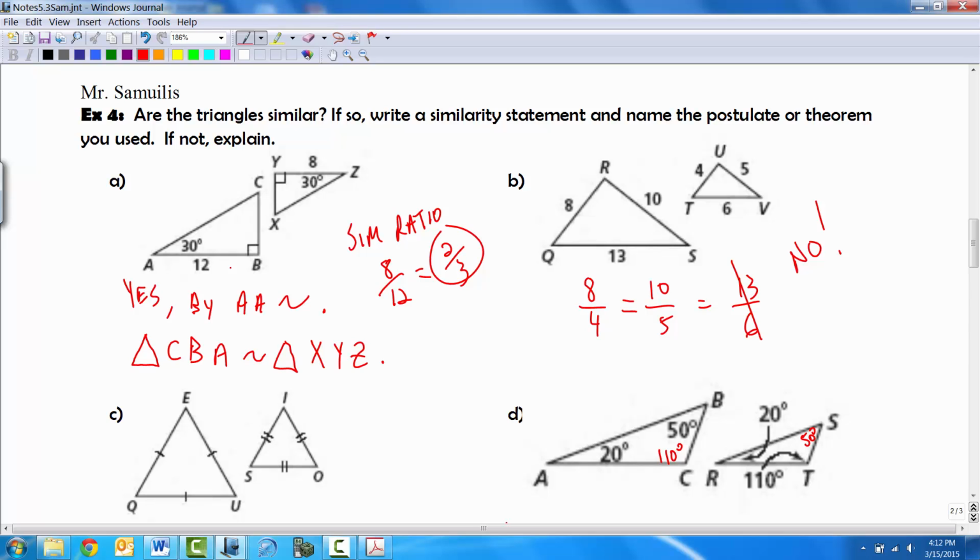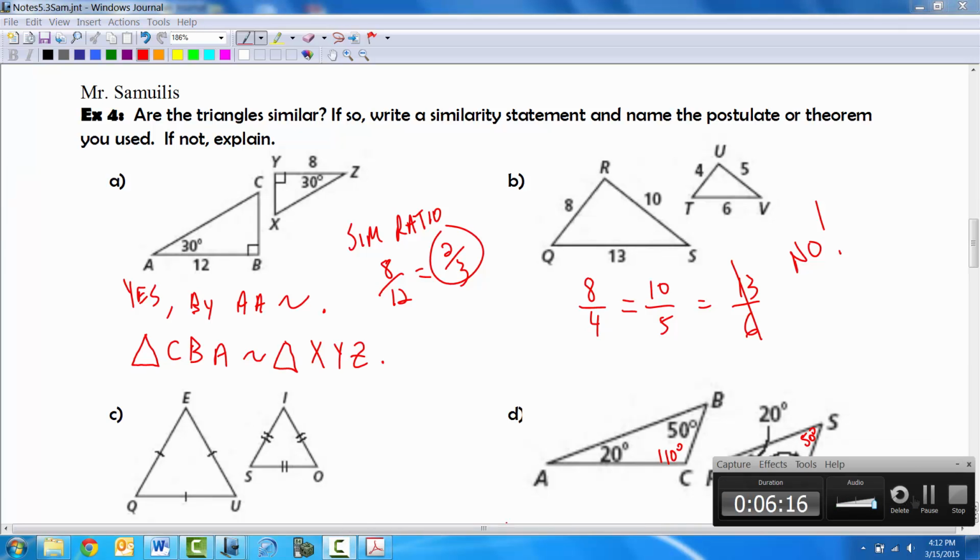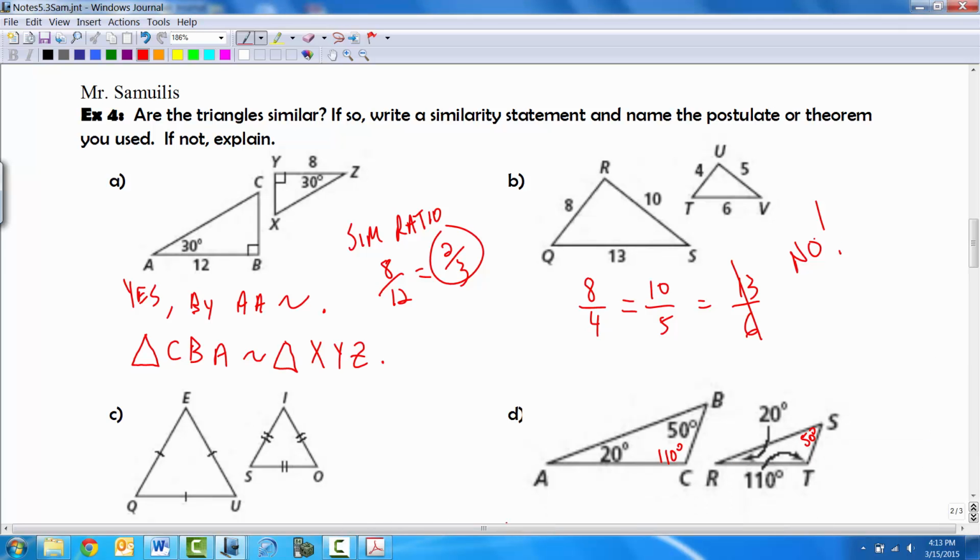Why is letter A, these sets of triangles, similar? It's not because of the 12 and the 8. It's because 30 is equal to 30 and 90 is equal to 90. So, okay, it's by angle, these are similar. Then what you could use is these two sides to write a similarity ratio.